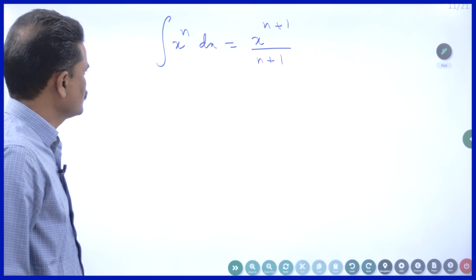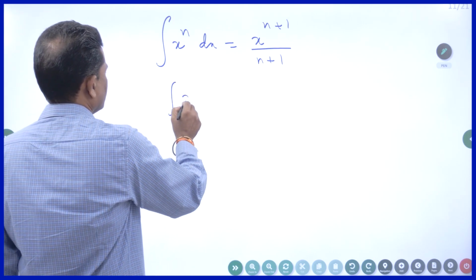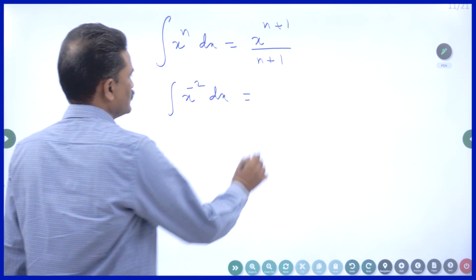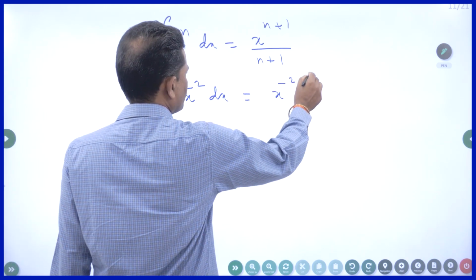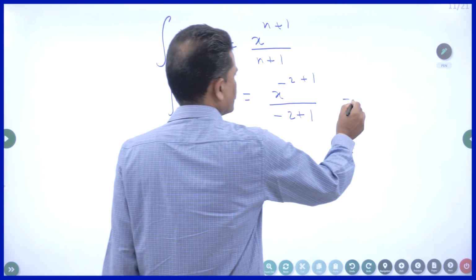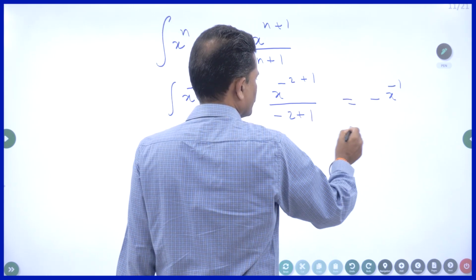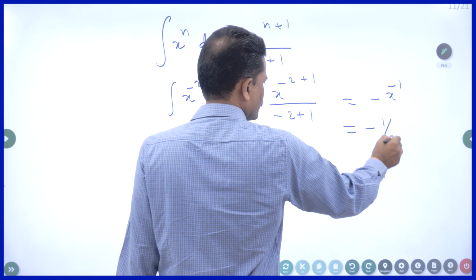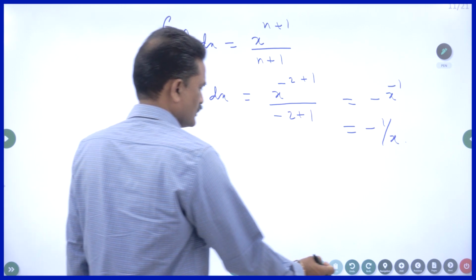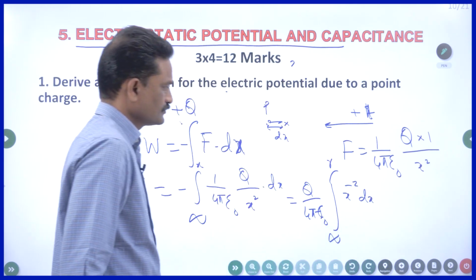Is this clear? So in the previous we had x to the power of minus 2 dx. So its value is x to the power of minus 2 plus 1 by minus 2 plus 1. This is nothing but minus x to the power of minus 1. This is nothing but minus 1 by x. Is this clear?